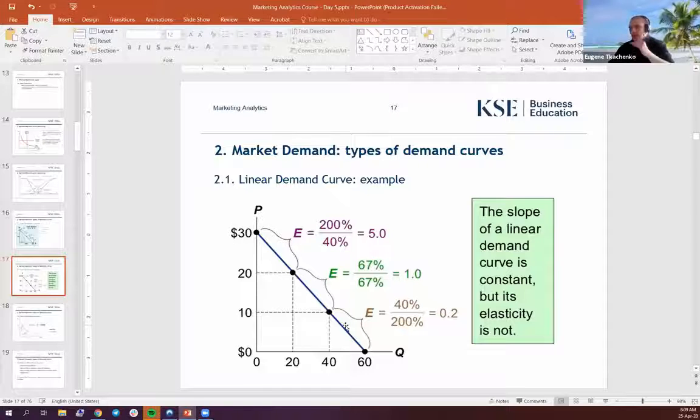in the linear demand curve the slope is constant, but the elasticity at every given price point will be different, because when we are dealing with, for example, $20 and 20 products sold, our profits will have one value. But when we are dealing with a price of $10 and we are selling 40 products, the revenue for this example will be the same, but in reality those revenues are different.